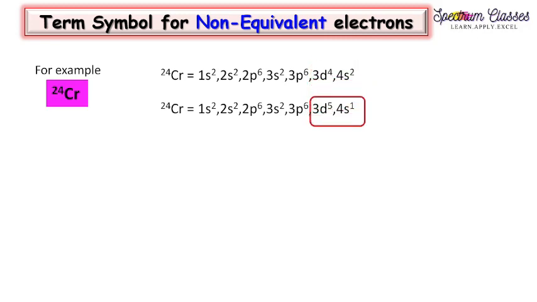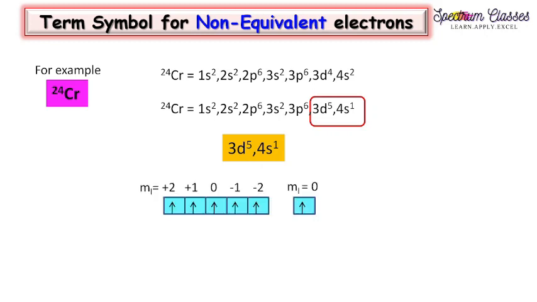Here is the change. Now coming to the incomplete subshells, these are the incomplete subshells, and we have to write the term symbol for chromium from these subshells. The easy way to write the ground state term symbol for this type of configuration is like this: first draw d5 and then s1. This is actually an alternative method.